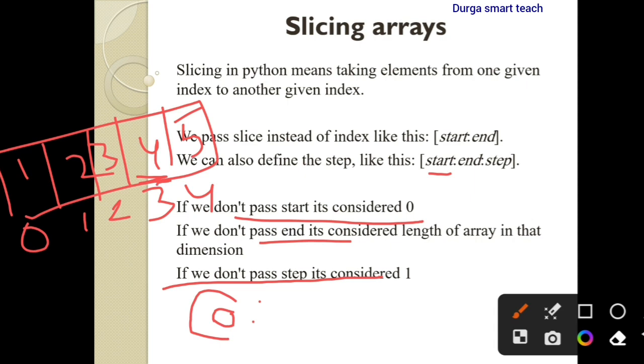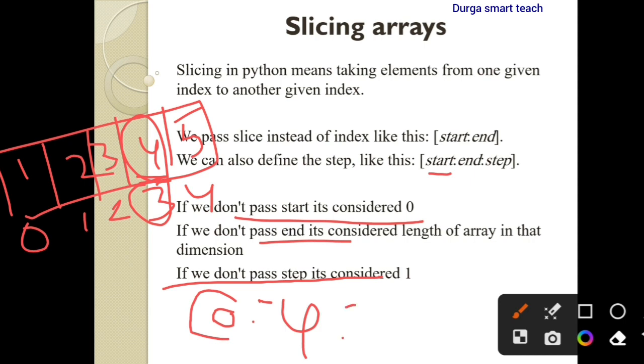I want to access up to the third index, so you need to give 4. It will take 4 minus 1, that is 3. So it will take 0 to 3.